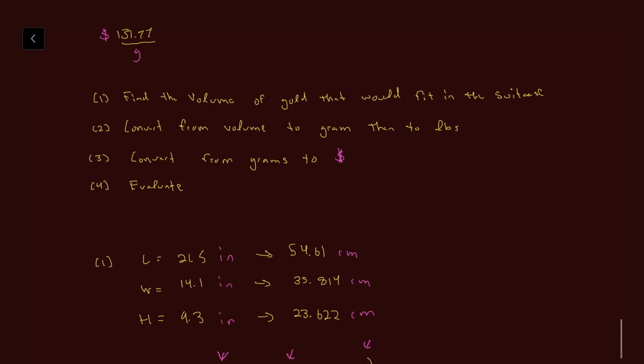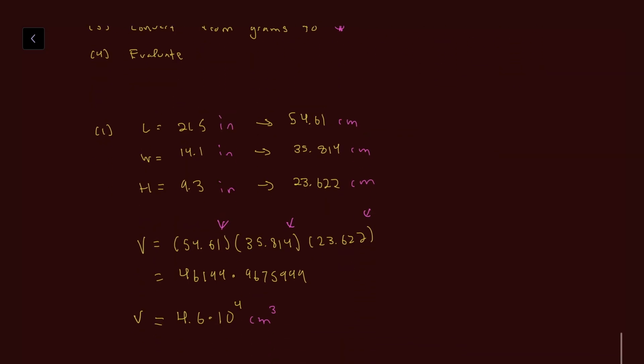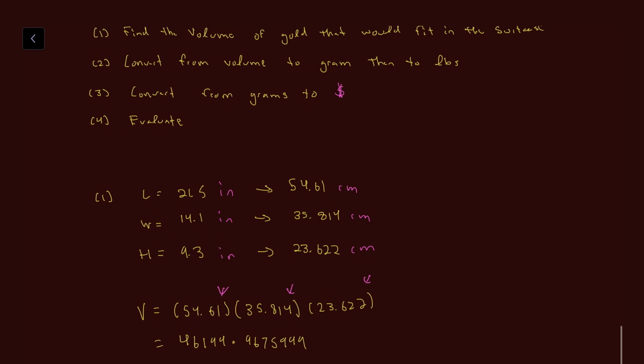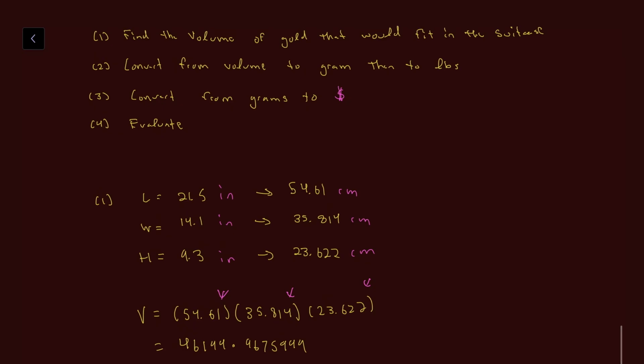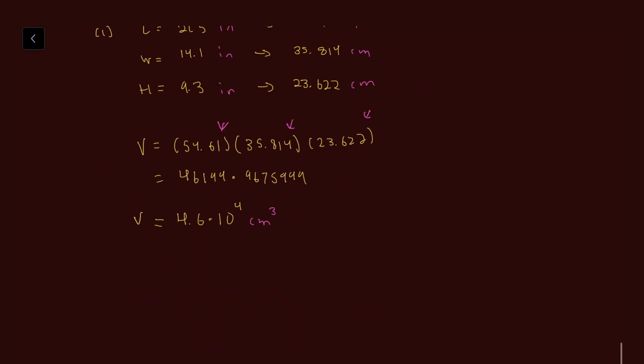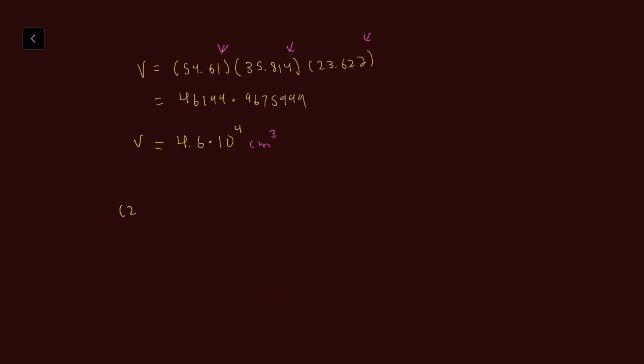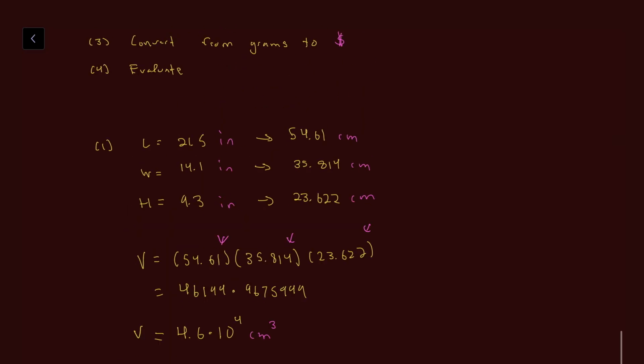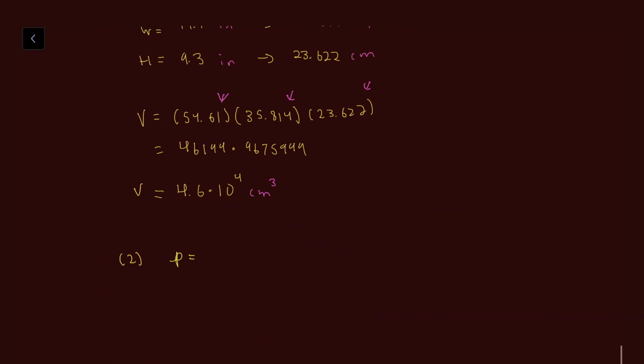Now, what we need to do with this is technically the volume of the gold that would fit in the suitcase. So now we convert this volume into grams and then into pounds. In order to convert a volume into grams, that's basically converting centimeters cubed to a mass. So we're going to have to use the density of gold, which is 19.32 grams per centimeter cubed.